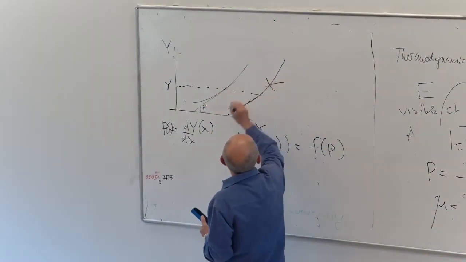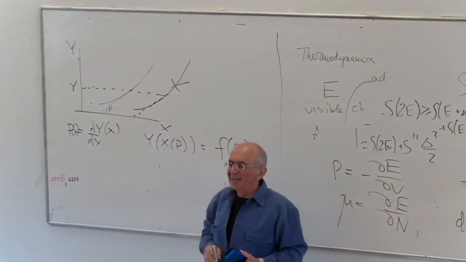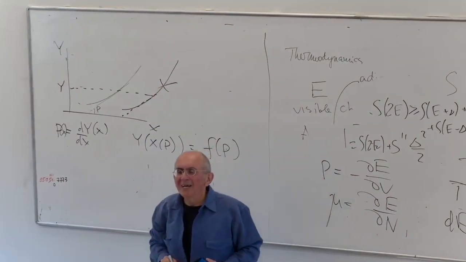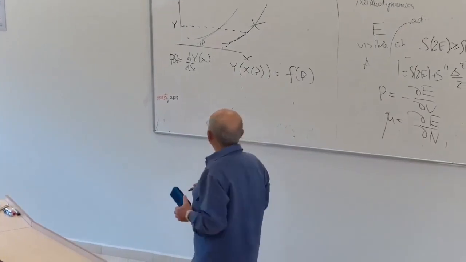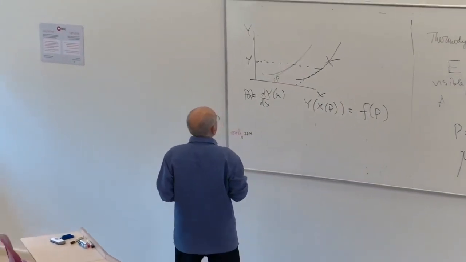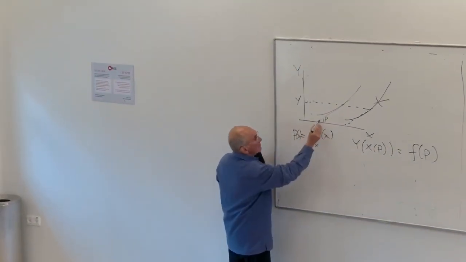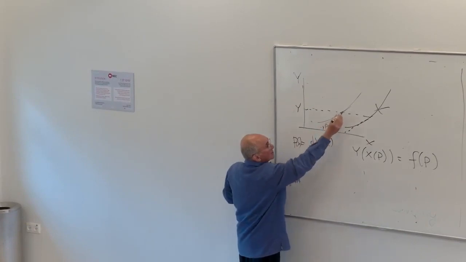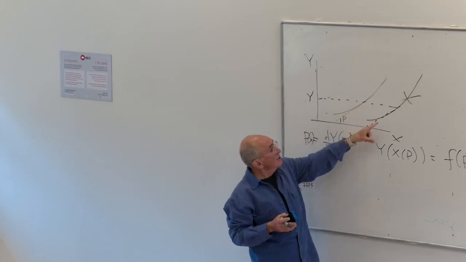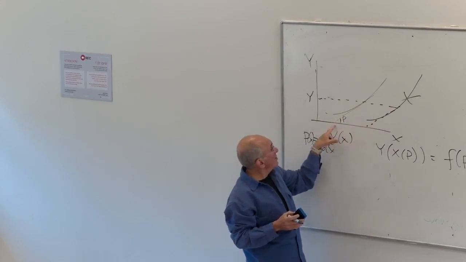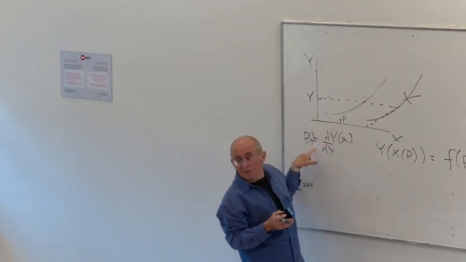Your intersection with one of the axes? So what you're saying is that if I specify p, this straight line, what really nails this and not this is where it intersects this axis or that axis, right?